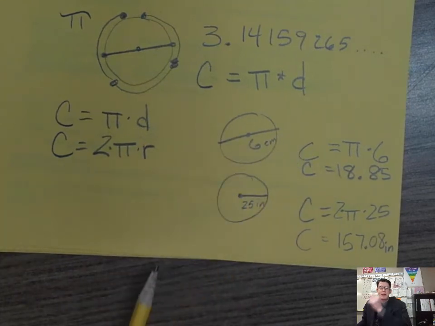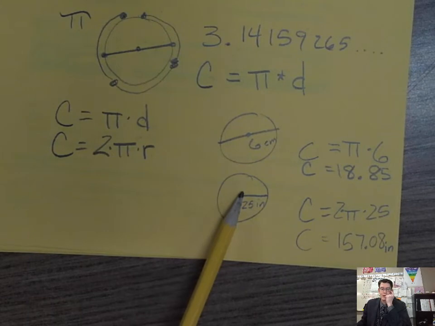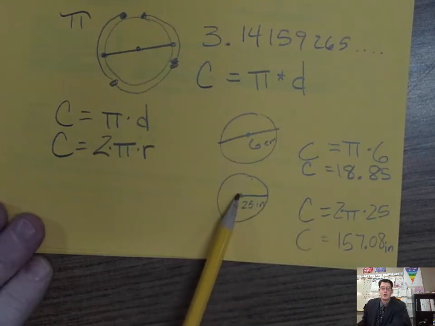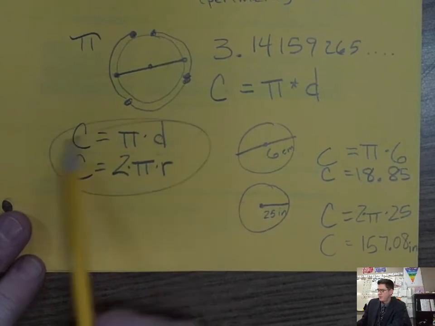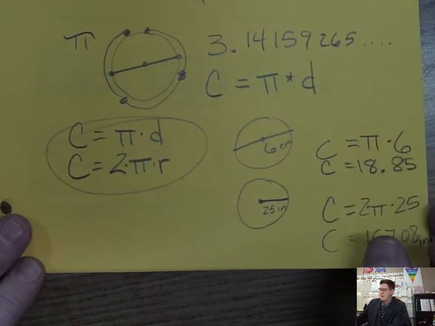I multiply it and I'm done. Or in this case right here, it's 2 of the radiuses, that's 50, and it's about 3 50s, which is what that is. So that's the main equation for circumference.